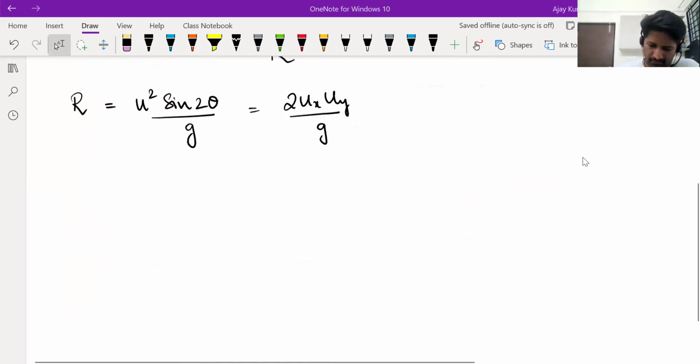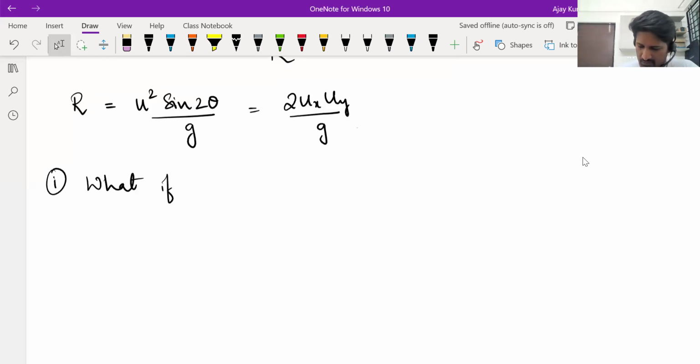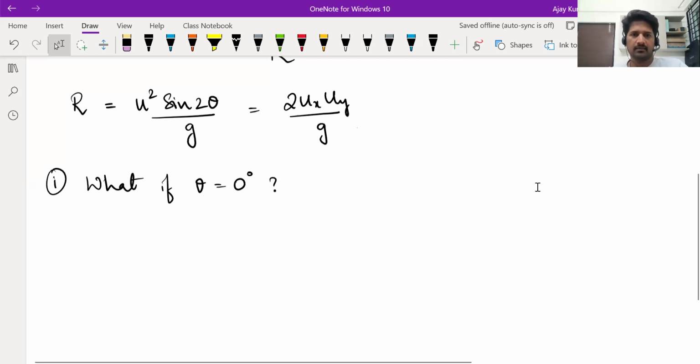What if, first case, what if theta is 0? How much will the range be? Anyone, if the angle of projection theta is 0, how much will the range be?